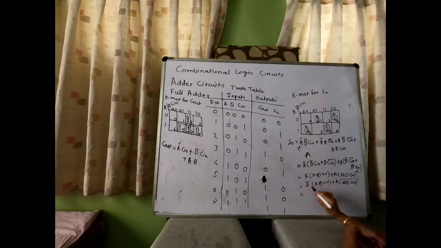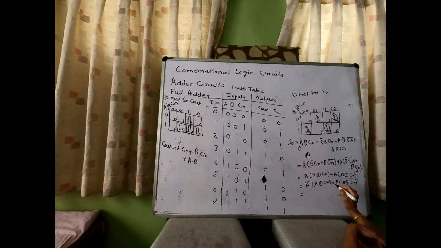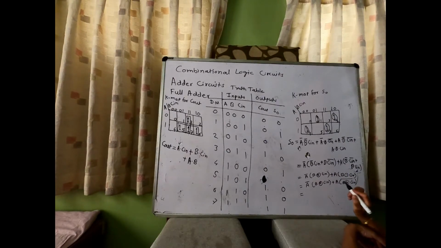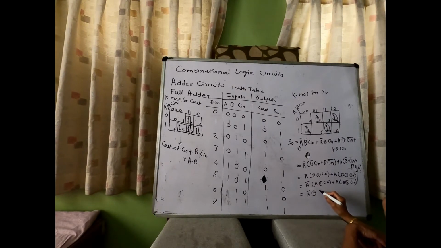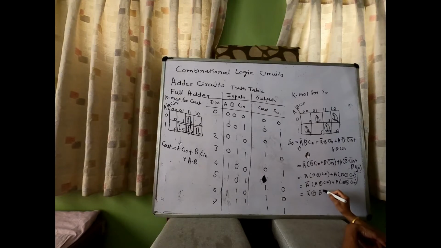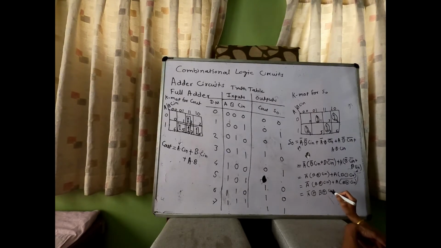Now we have the term as A complement B plus A B complement. So this will be written as A XOR B XOR C in.